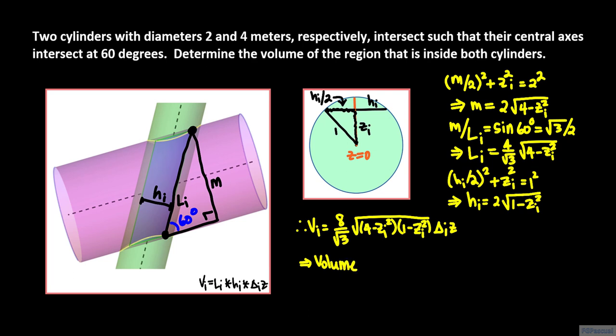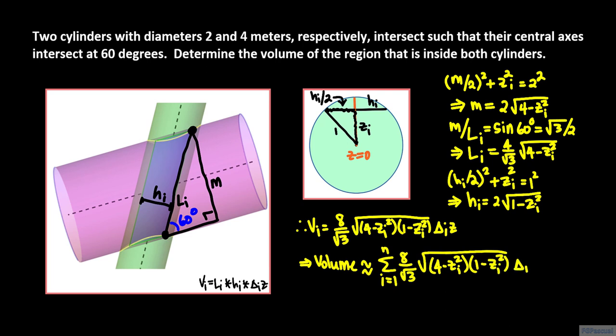And to this we multiply delta sub iz. And so for a Riemann sum estimate for the volume of the region, the volume of the region is approximately equal to the sum from I equals 1 to n of 8 divided by the square root of 3 times the square root of the product of the quantities 4 minus z sub I squared and 1 minus z sub I squared.